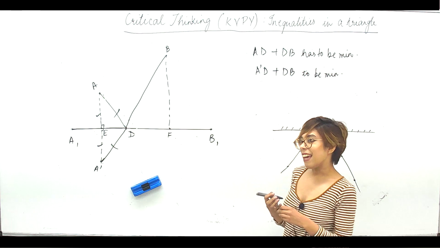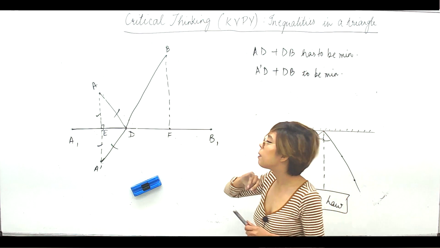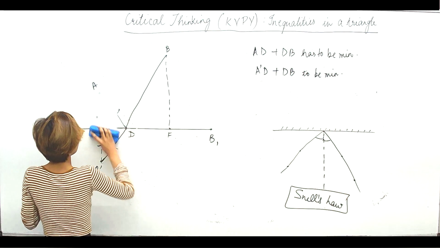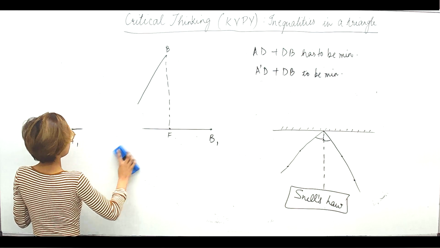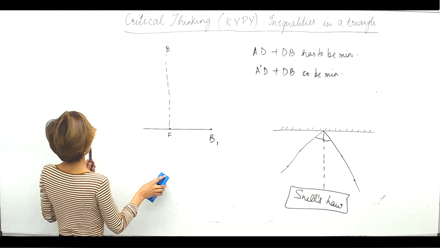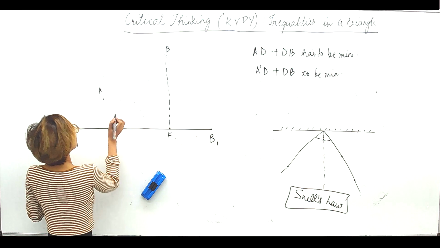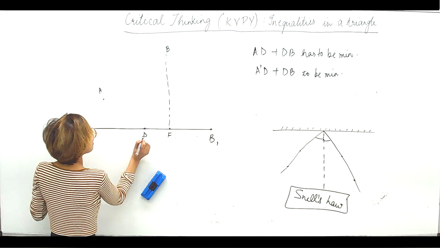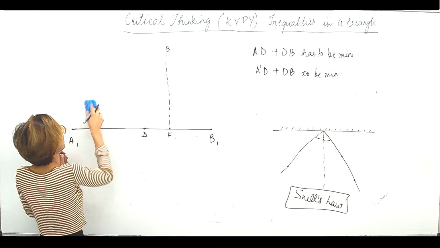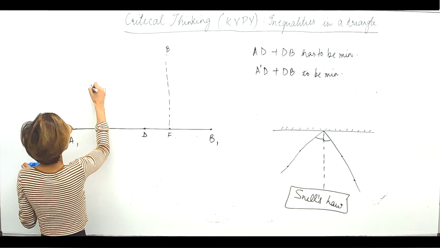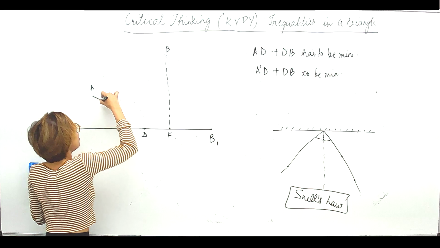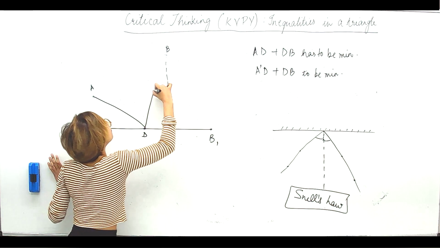My diagram now doesn't give that perfect sense. So let me do one thing. Let me just rectify one thing so that you can clearly see what is happening. So my point A, right? Now let me take D here because I want to exaggerate something so that you can actually see what is happening. So A here. I want AD plus DB to be minimum.